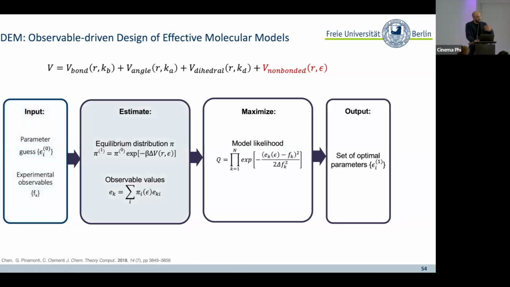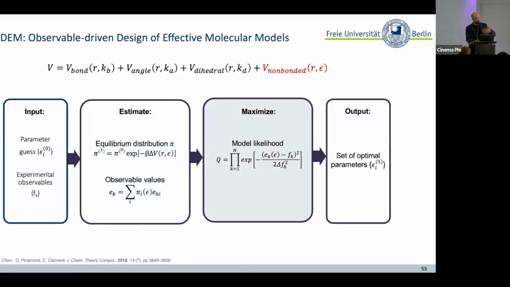What we can do then is to simulate this model and apply perturbation theory. So we perturb the equilibrium distribution that we get using this initial parameter guess, and we compute the perturbed value of the target observable we want to optimize the model for. With that we can compute the likelihood between the experimental observable and the target observable that we obtain from our simulation.